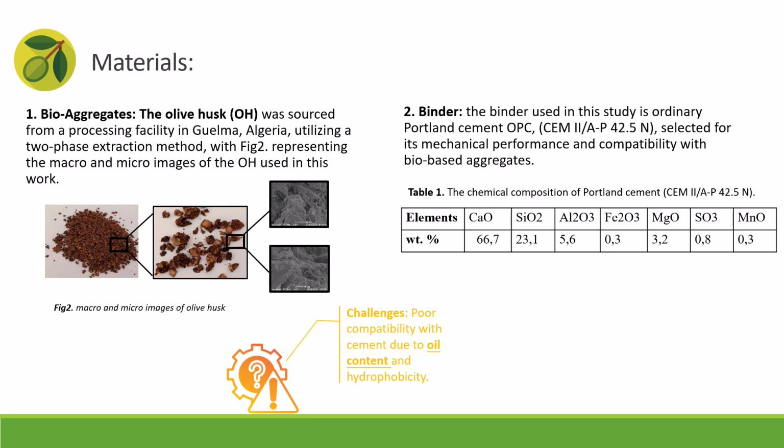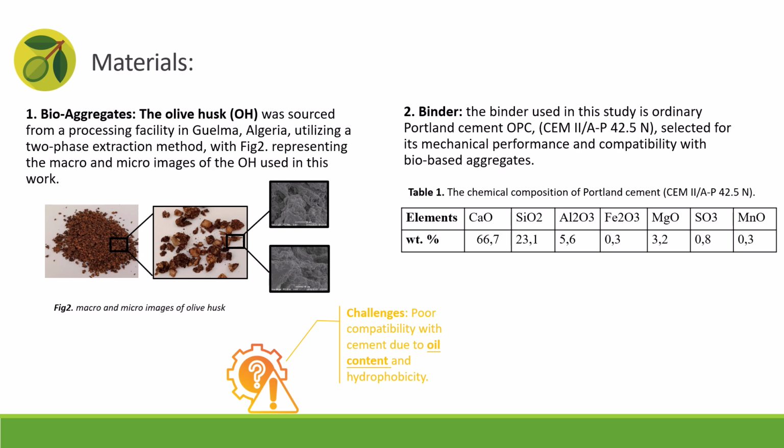These fibers are crucial for the hydrothermal behavior of bio-based concrete, as we already stated. However, the presence of residual oils and waxes compromises its bonding with cement. In contrast to studies that mechanically or chemically isolate the olive bones fraction, we retain the fibrous structure.